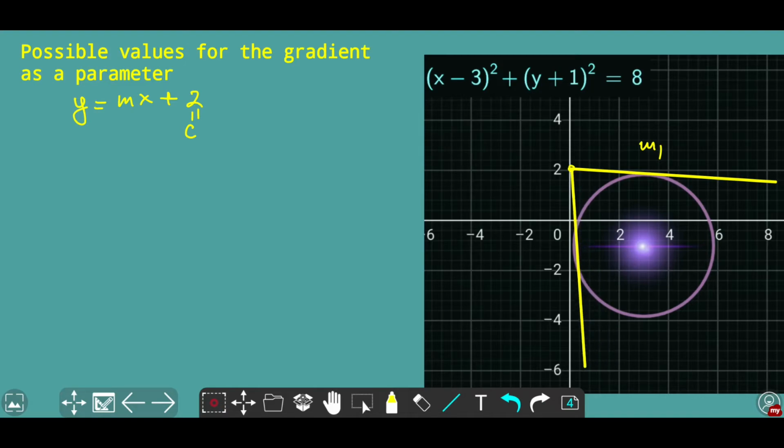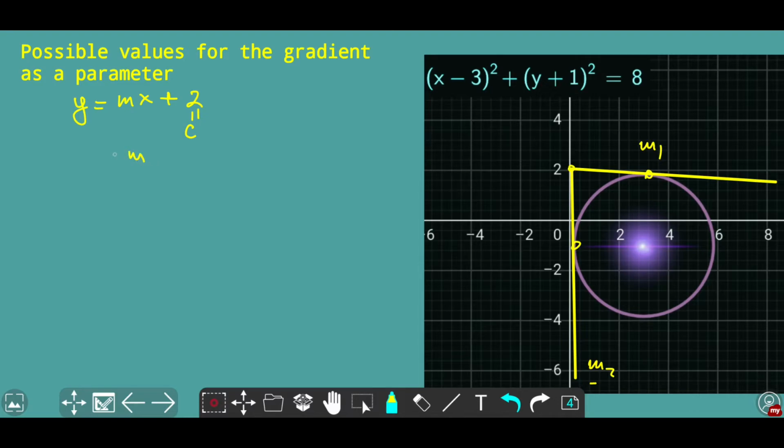Up to this gradient, because in this case that's going to be another value m2, so that in between we can guarantee that the line with the equation y equals mx plus 2 will have at least 1 point of intersection. So for this given value m1, it should have only a single point, as well as for this critical value. Somewhere in between we can guarantee that.